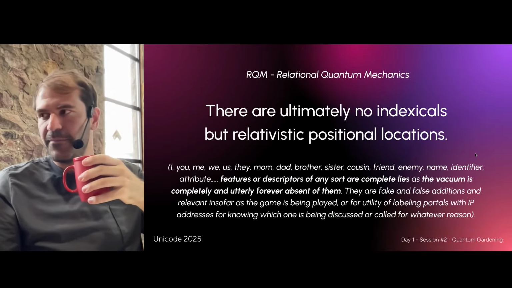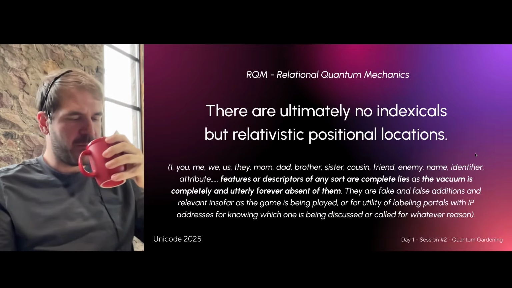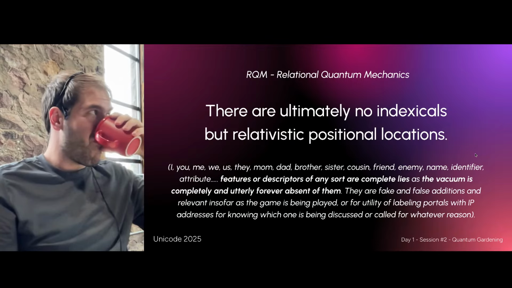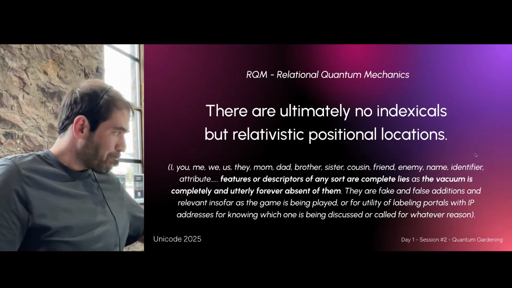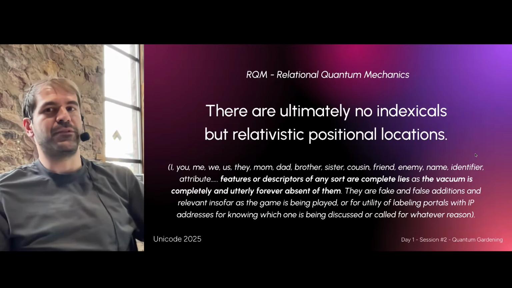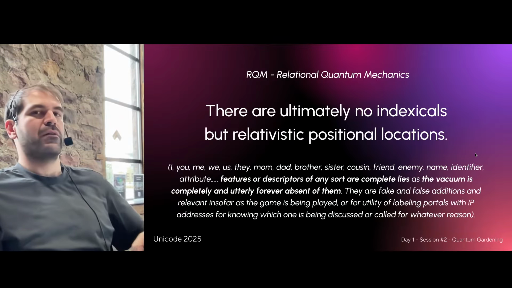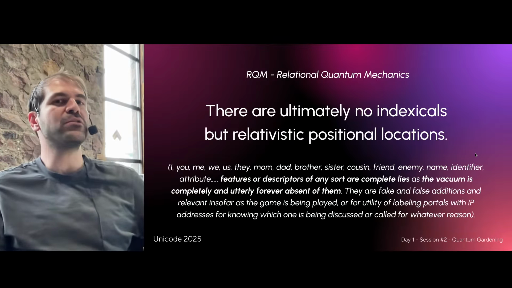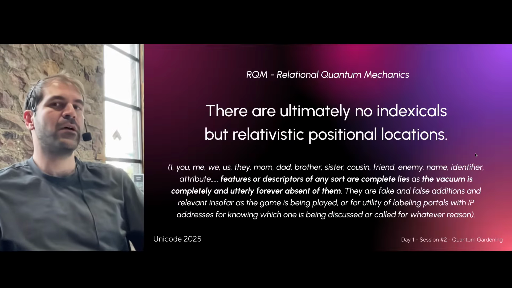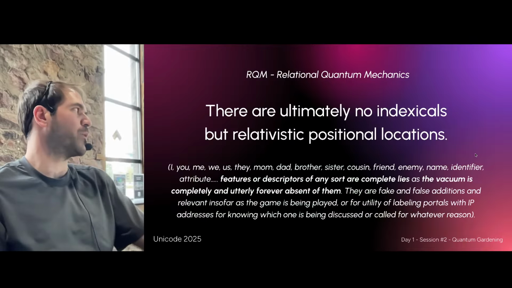Okay. Now, with relational quantum mechanics, this one has a little deeper elaboration, but the primary way to understand it is there are ultimately no indexicals, but relativistic positional locations.